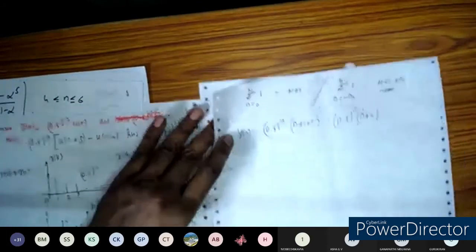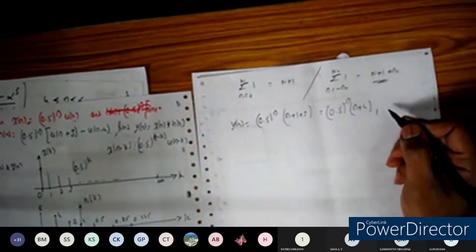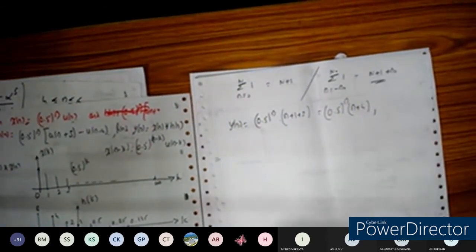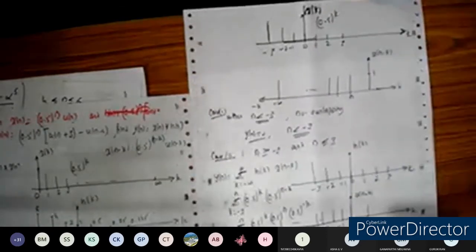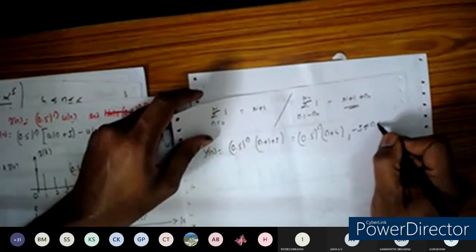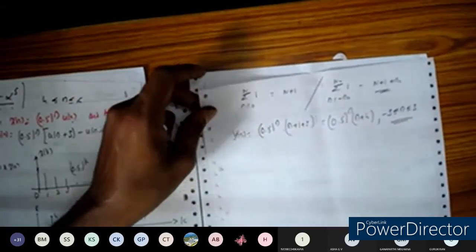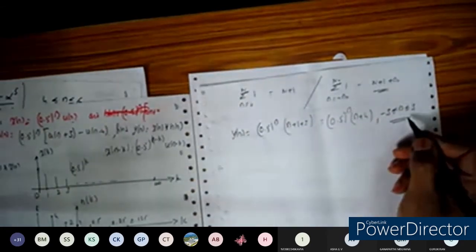And n can take values from -3 up to 3, that is, -3 is less than or equal to n, which is less than or equal to 3. So this is the value of y of n. Writing this limit is very important.